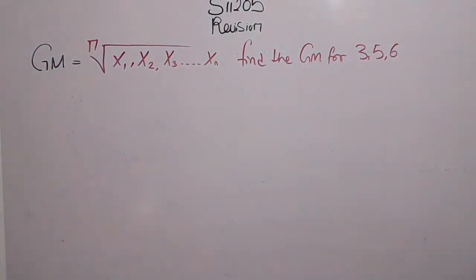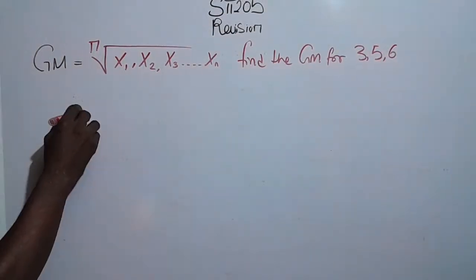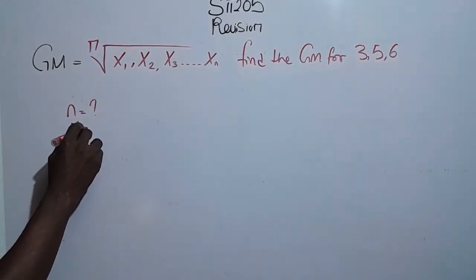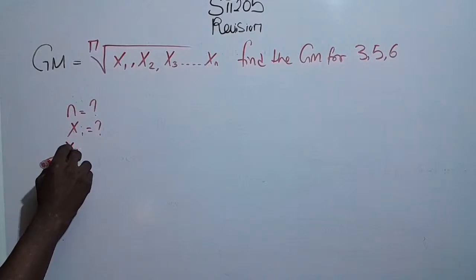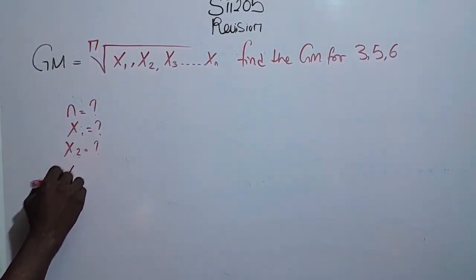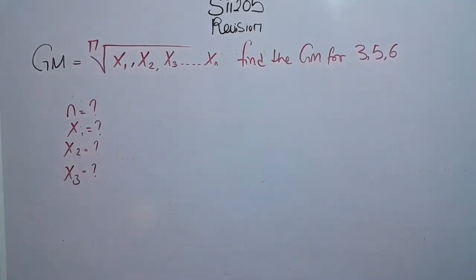How do we find out the n, if this is the formula? What is the x1? What is the x2? And what is the x3? Very simple. Can anybody tell us what is the n?